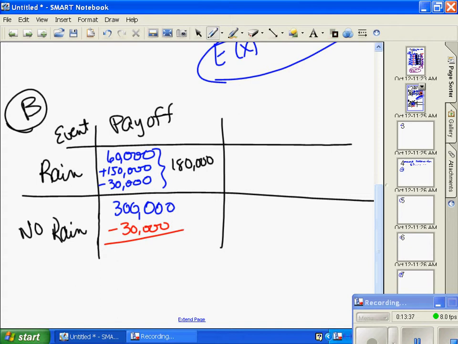So my final profit or payoff, this could probably be thought of as profit because I'm subtracting my premium. So it doesn't really matter if you think of it as payoff or profit. It's kind of the same idea. You have to be adding and subtracting some items depending on the story problem. But this one, for no rain, I could expect to make $270,000. Now my probabilities are still the same. For rain, I have 0.28, no rain, 0.72.